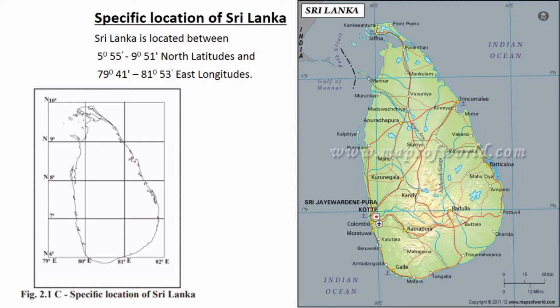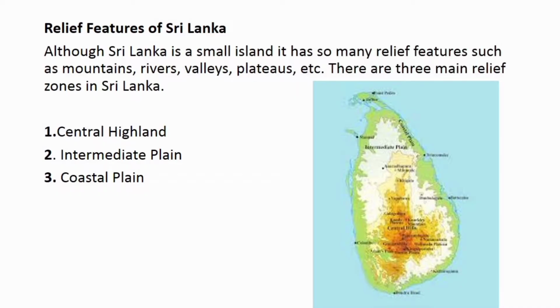Using these values, we can say specific location of Sri Lanka. Sri Lanka is located between 5 degrees 55 minutes to 9 degrees 51 minutes north latitudes and 79 degrees 41 minutes to 81 degrees 53 minutes east longitudes.